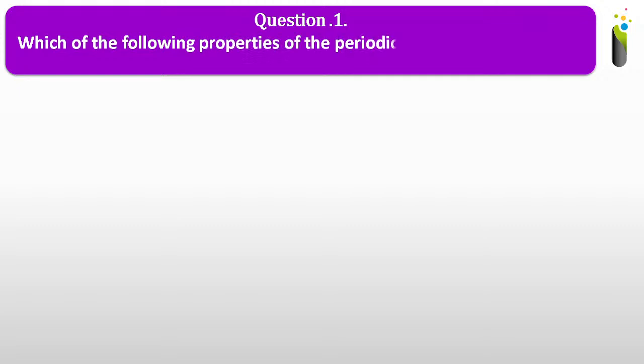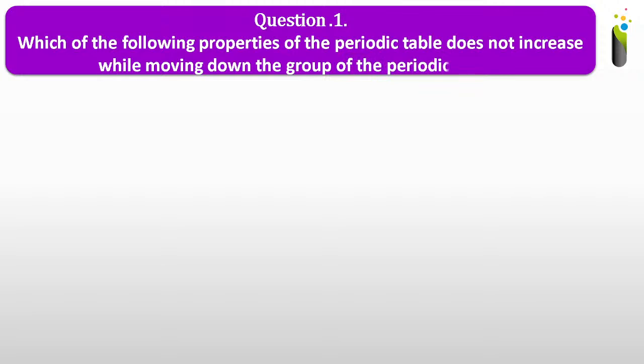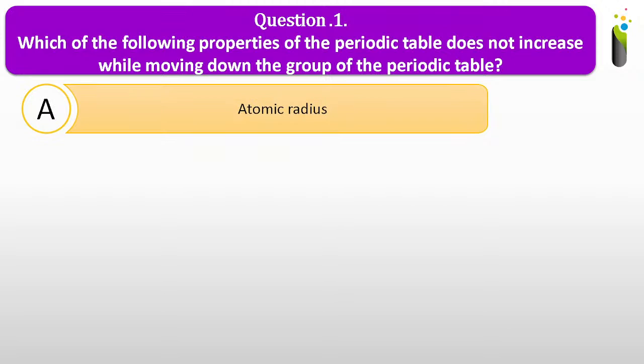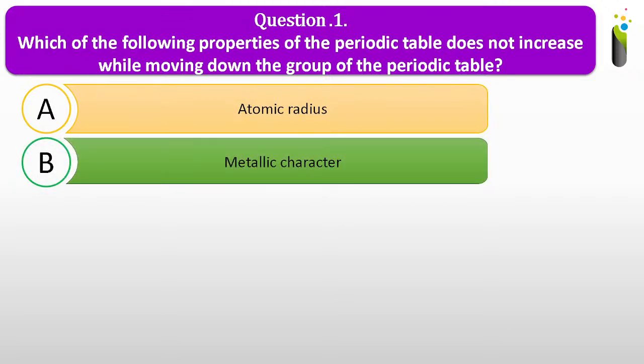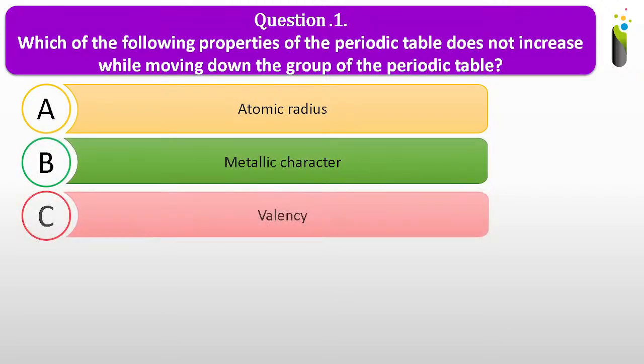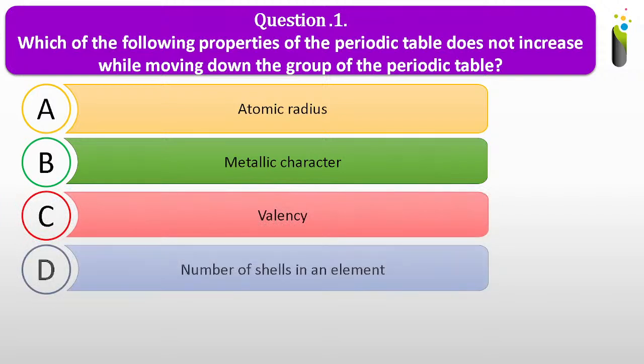Which of the following properties of the periodic table does not increase while moving down the group of the periodic table? Your options are A, atomic radius, B, metallic character, C, valency, D, number of shells in an element.